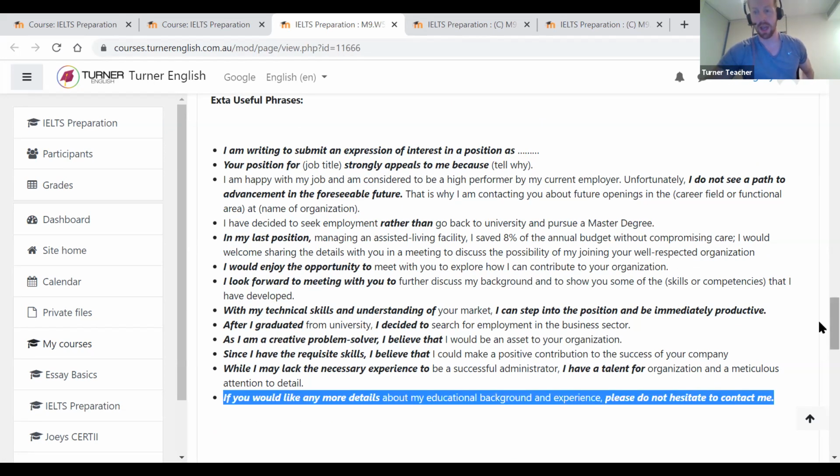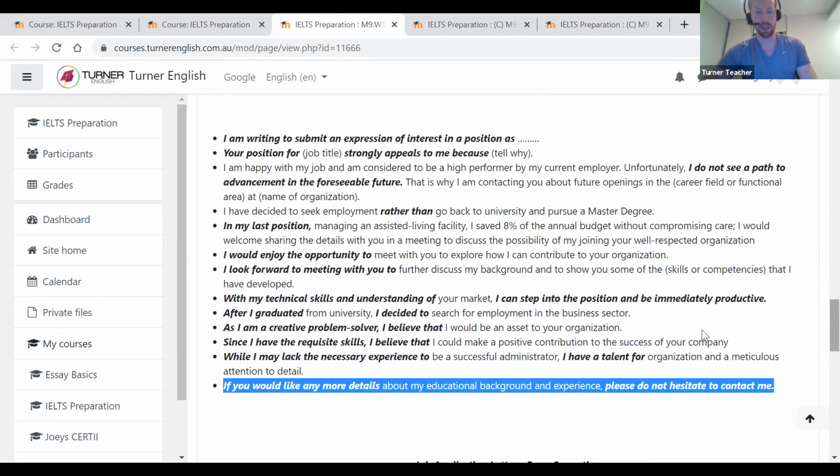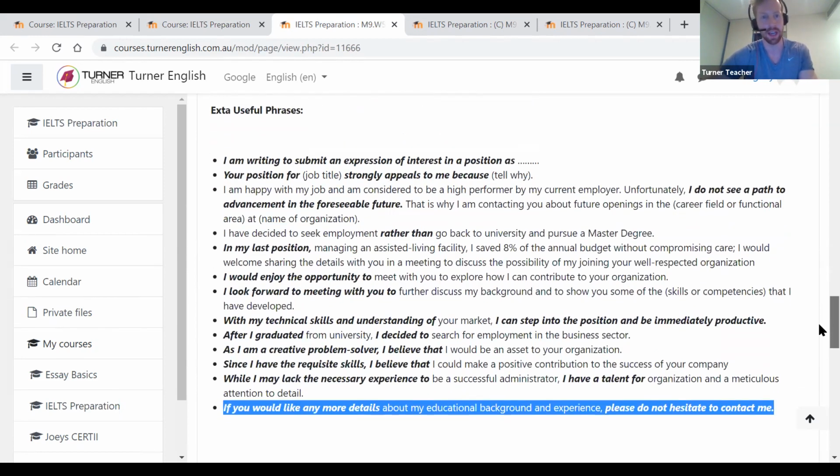So for example, if you look at the last sentence of the phrases under extra useful phrases, you will see, if you would like any more details about my education and background experience, please do not hesitate to contact me.